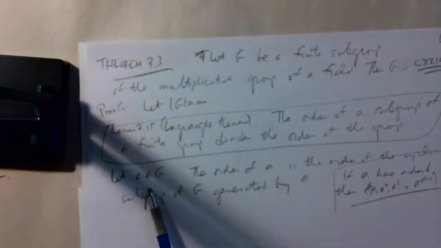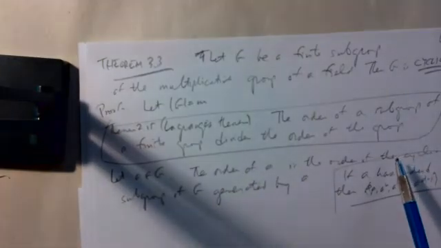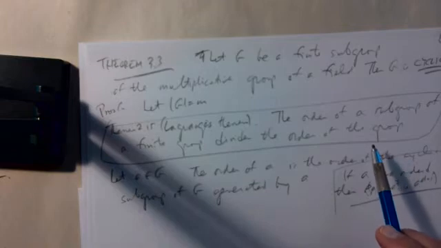So for every element in G, the order of A is the order of the cyclic subgroup of G generated by A.